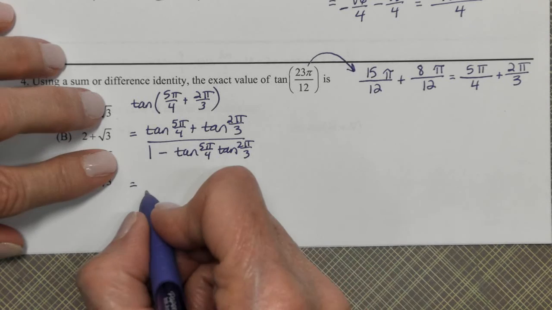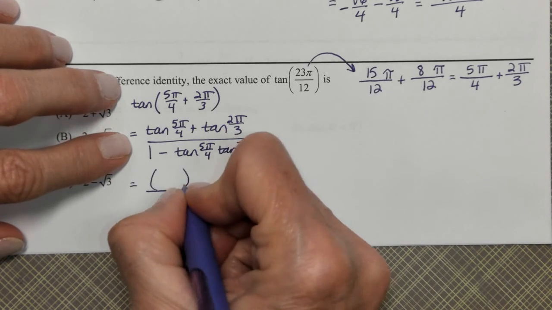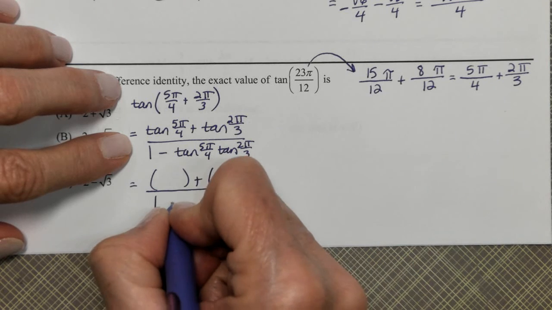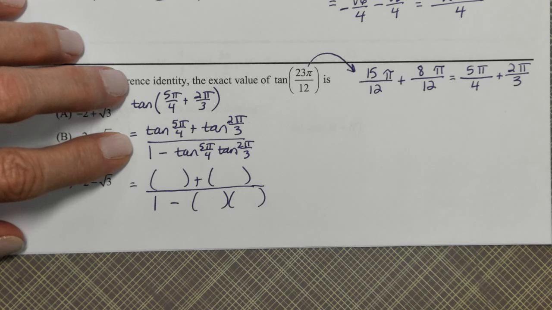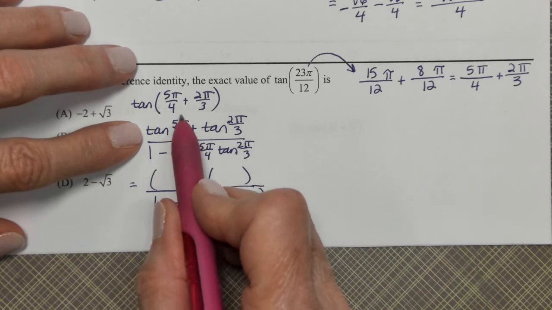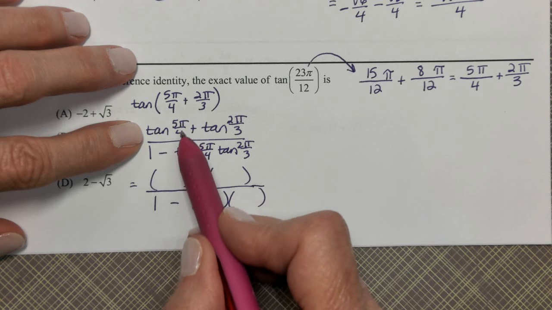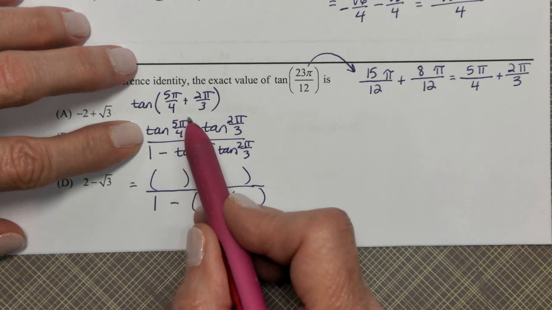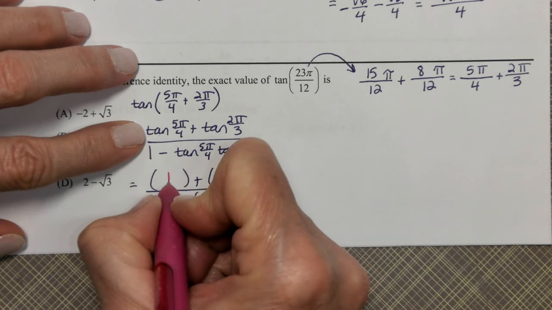Okay? So I need some values. Now we go and we get our unit circle values. So tangent of 5 pi over 4. Well, it's tangent of a pi over 4, so I know it's going to be a 1. 5 pi over 4 is in the third quadrant where tangent is positive. So this is just a positive 1.